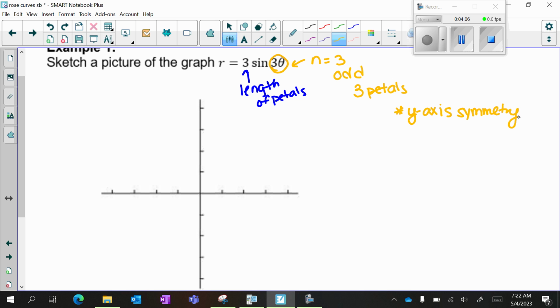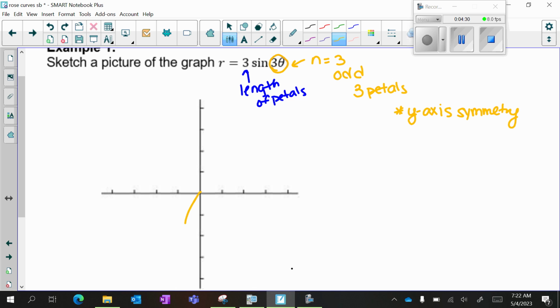So you could use your calculator, but if this was on a non-calculator portion, you need to be able to graph by hand. So the first thing I'm going to determine, it's going to have y-axis symmetry, but it could look like this, and then it would be like this and like this, or it could be reversed.